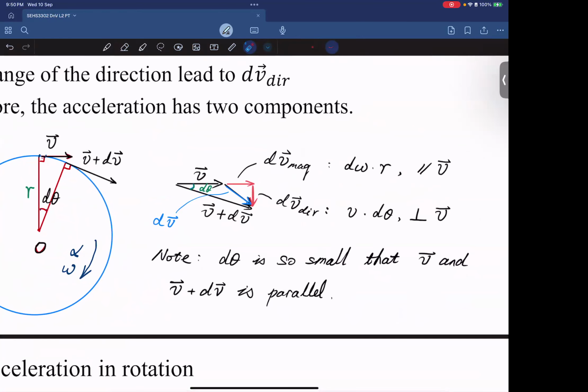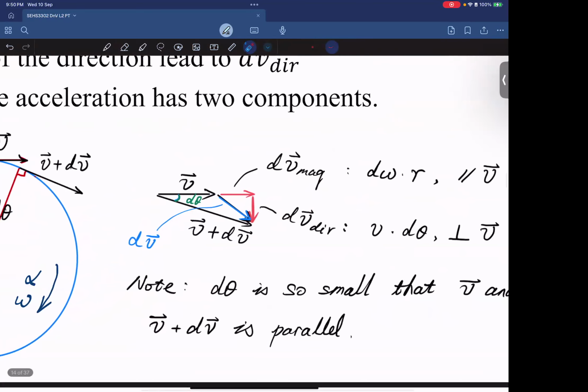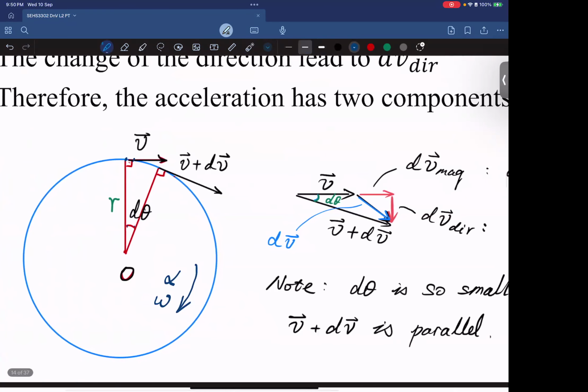So for the magnitude change, it is the change of the omega times radius, right? Because here you can see at this position, the rotating speed is omega. At this position, the rotating speed is omega plus d omega, right?